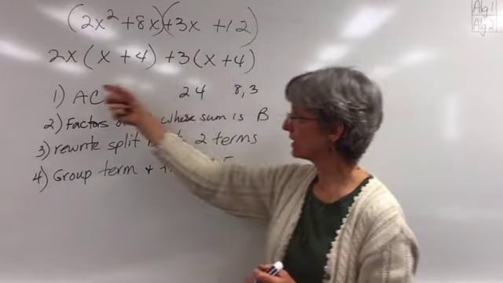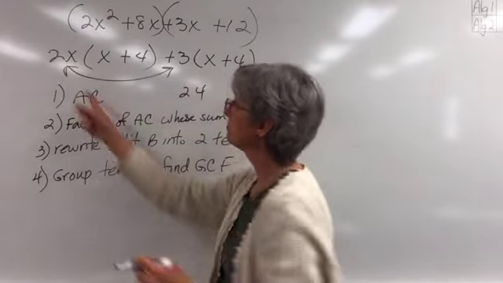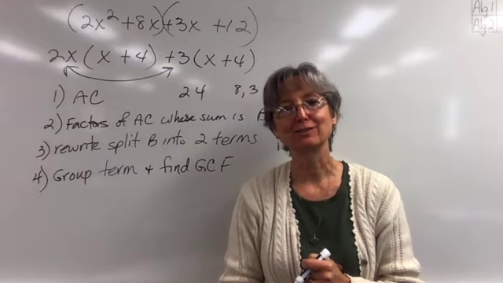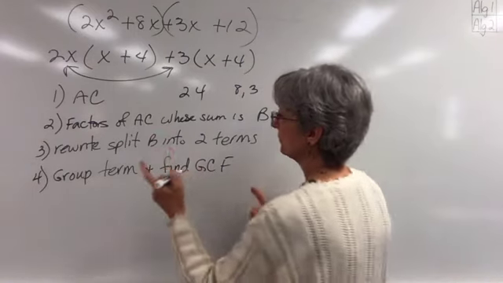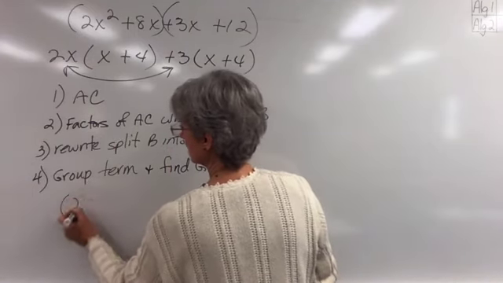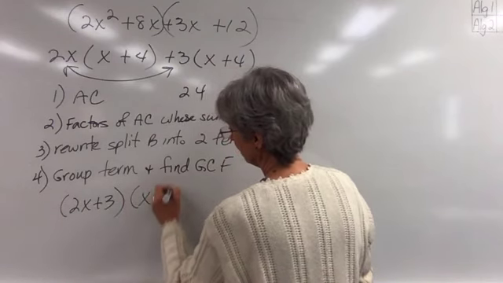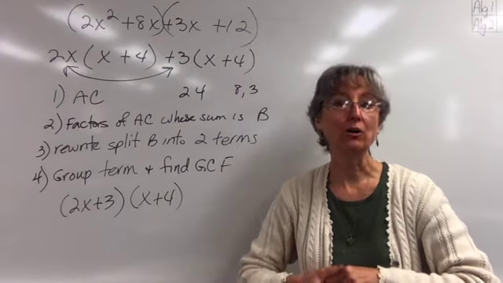In this situation, x plus 4 is being multiplied by 2x and by 3. That's my other factor. So my first factor is 2x plus 3, and the other is x plus 4, and I've factored it. I'm done.